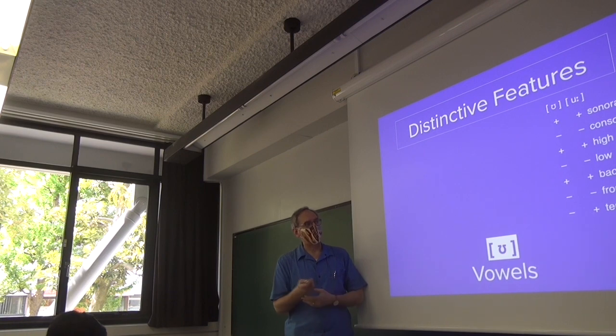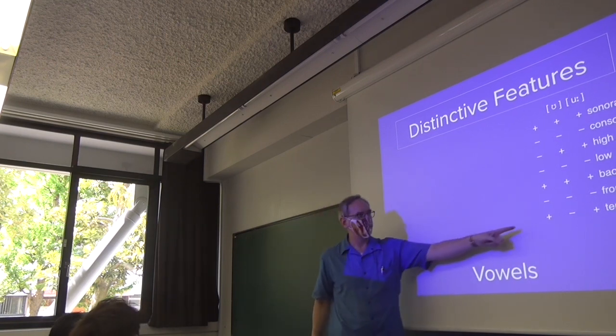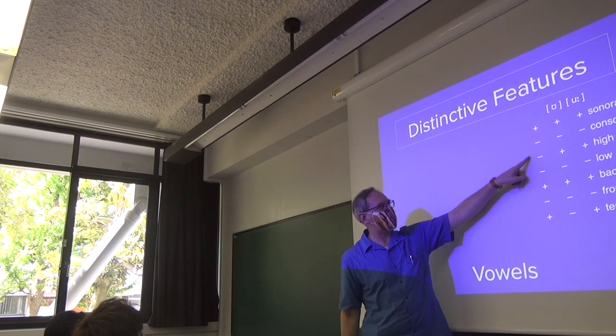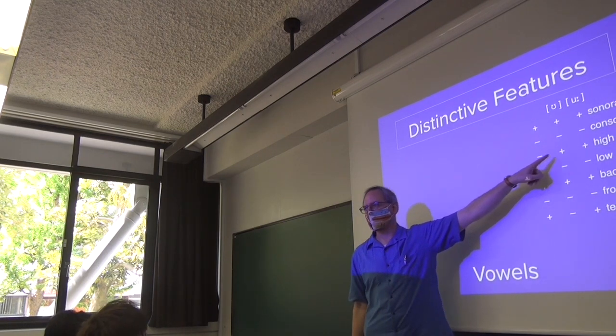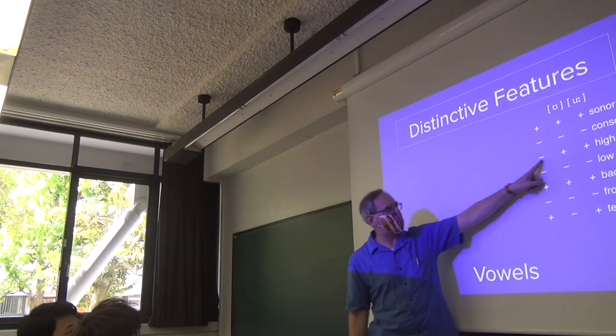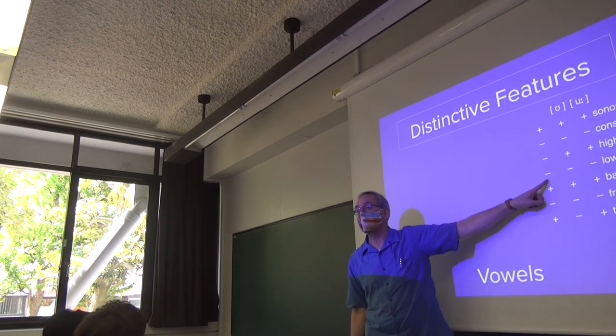Now if I go back and replace the tense with plus tense, but change a different feature, this time I'll change the feature high from plus high to minus high. So now I'm referring to a non-high, non-low vowel. That's mid.